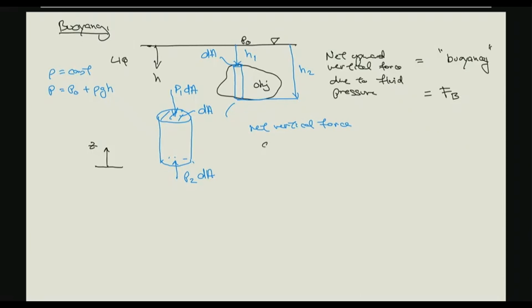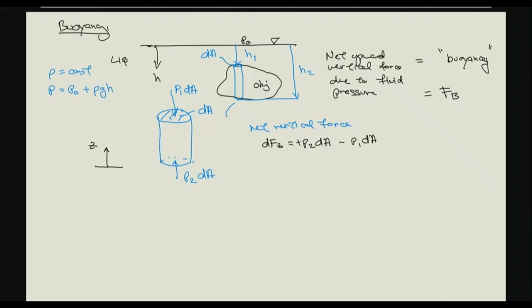So we'll have a dFz, the net vertical force on our cylindrical element, positive upwards. So this is going to be plus P2 dA minus P1 dA, that one acting downwards with respect to z.